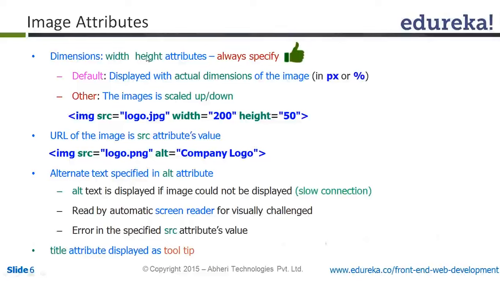Note that you can specify the width and height dimensions in pixels. A pixel is a unit of measure. Or you can specify them in terms of percentage, which we'll see briefly later. You might be wondering, if you specify 50% or 25% for width and height, what happens?